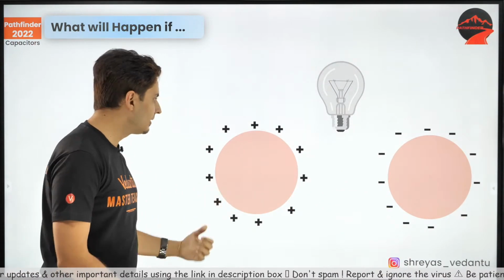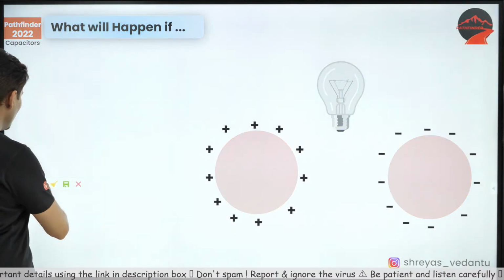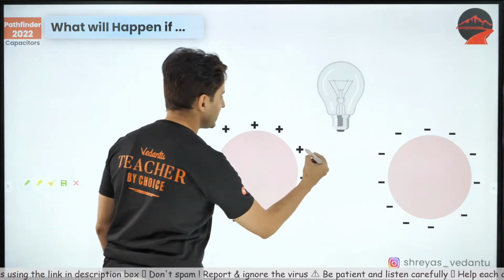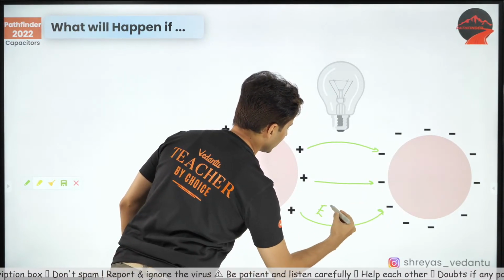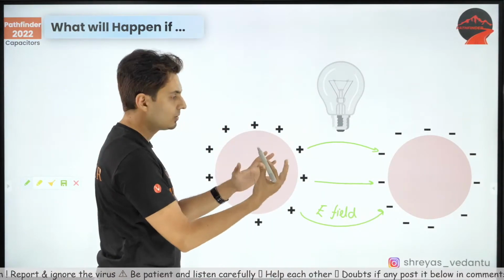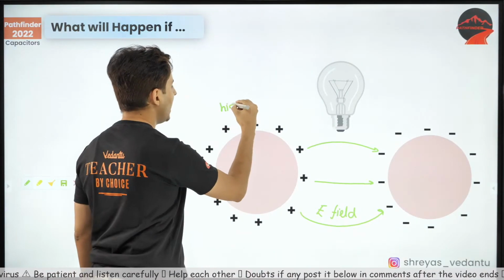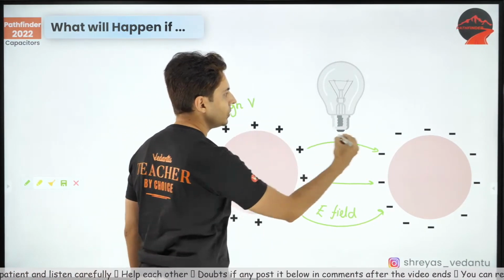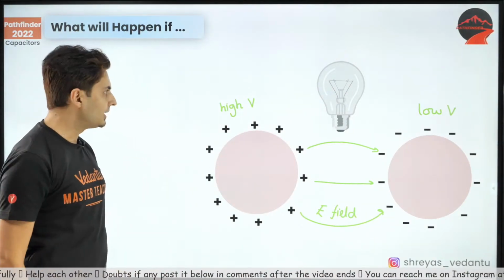If there are field lines which go from the positive to the negative charges, because this is positive, this is negative, there will be electric field lines which go from positive to the negative. Remember, field always goes from high potential to a low potential.